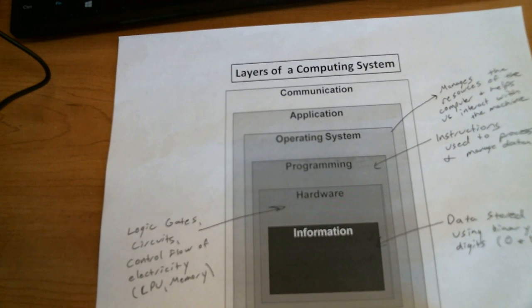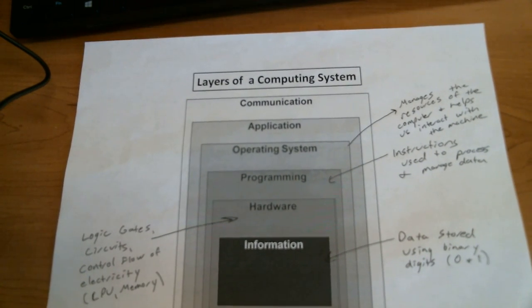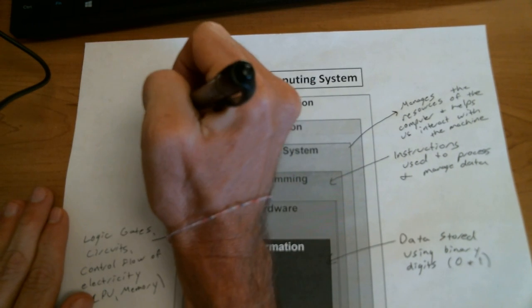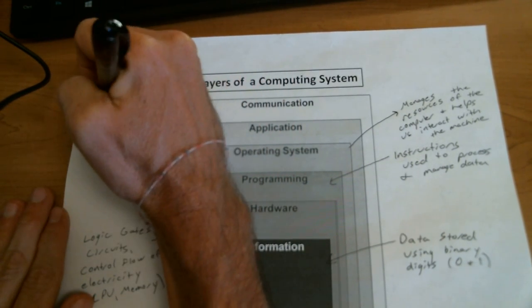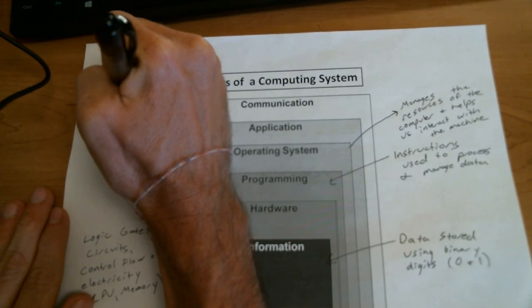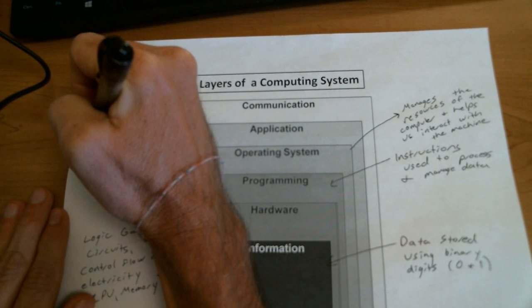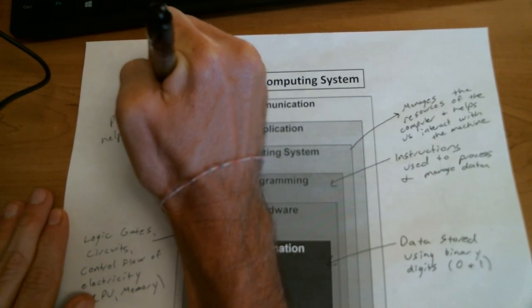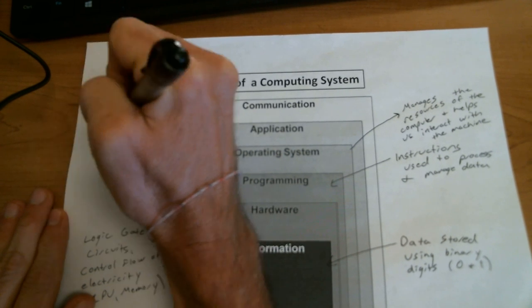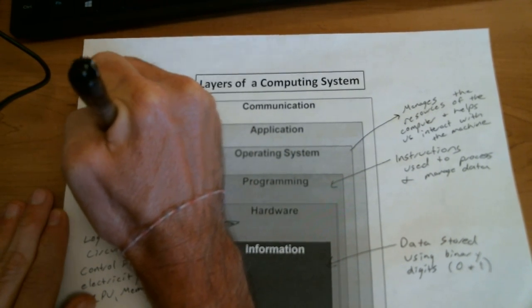Application layer. This is when you're writing programs that actually do things and solve problems. So the application layer are the programs that help us solve real world problems.